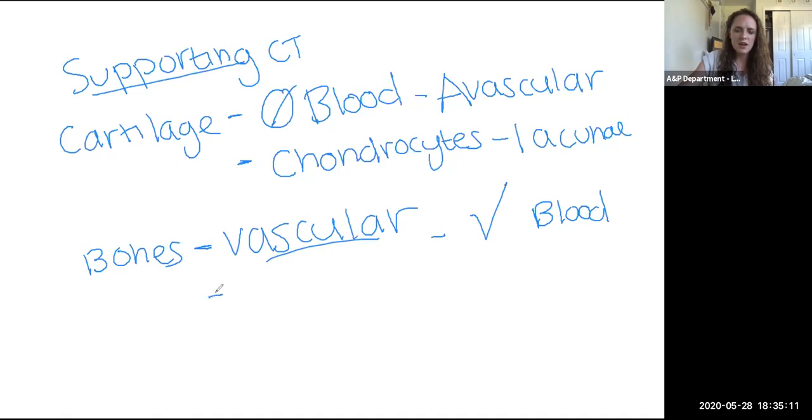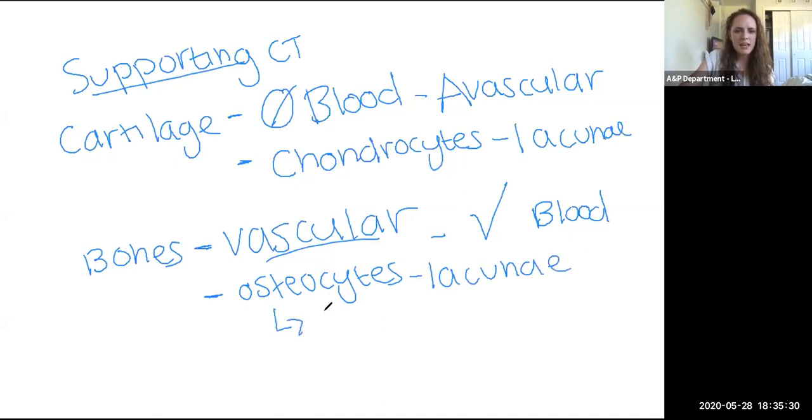The cells that are found inside your bones are called osteocytes. These osteocytes are also found in lacunae, but they communicate with each other via canals called canaliculi.